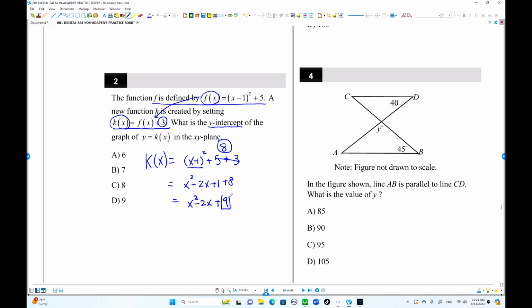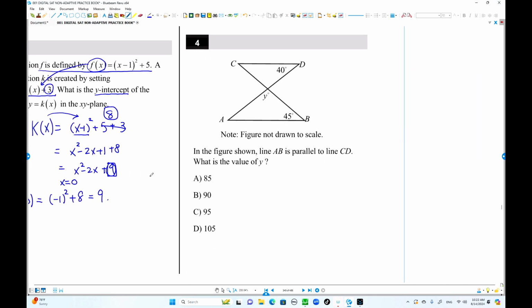So 9 is the y-intercept because when x equals 0, the value of y is 9. Or you can put x equals 0 directly: 0 minus 1 is negative 1, squared, plus 8. You get the value directly, okay? 9 is the answer.